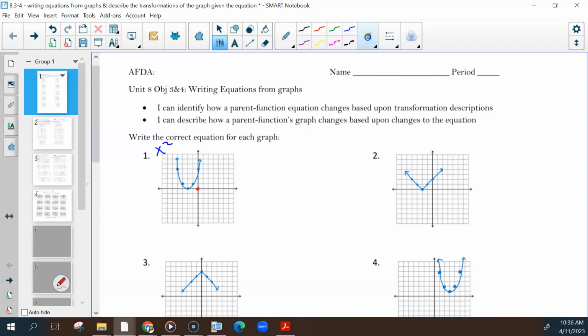Went right 1, up 1, left 1, up 1, and then right 2, up 4, and left 2, up 4. Drawing in the original is not a necessary step, but it might help you visualize what happened.